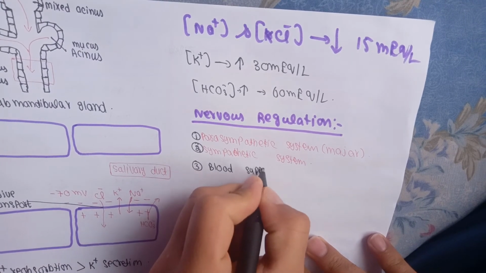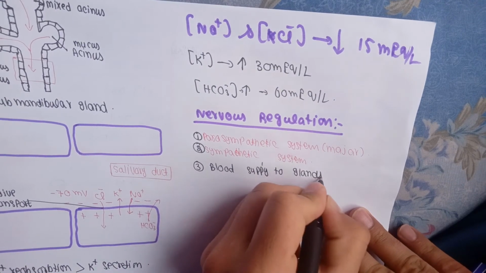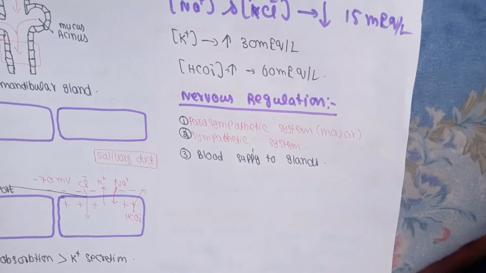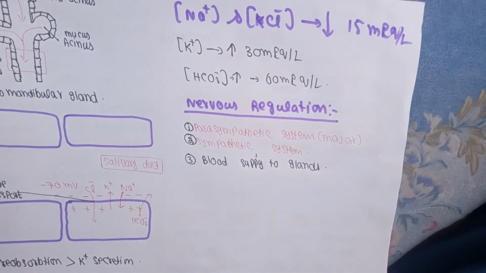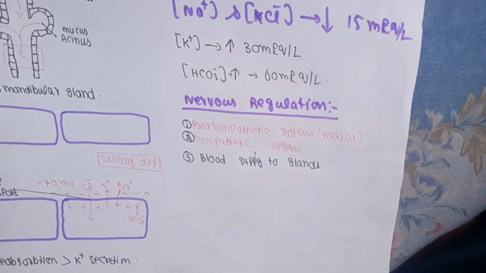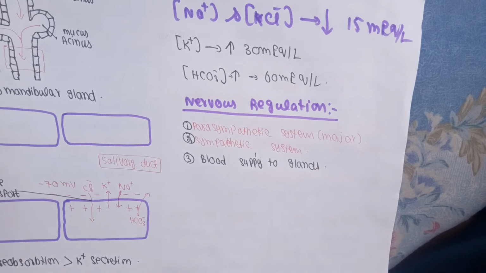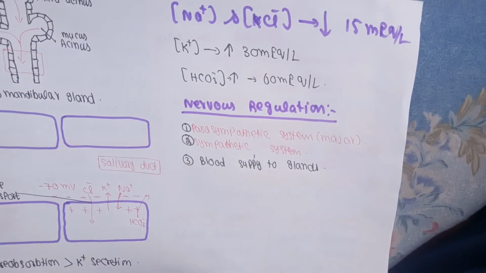Actually, when more blood is supplied to the gland, more ions reach the salivary duct cells, and thus there will be more secretion and more metabolism of these duct cells. So the secretion of the saliva will be more.